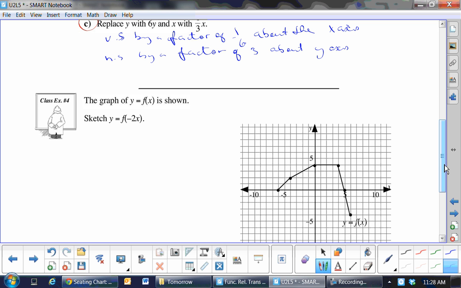And it doesn't look that hard. You're doing a horizontal stretch.